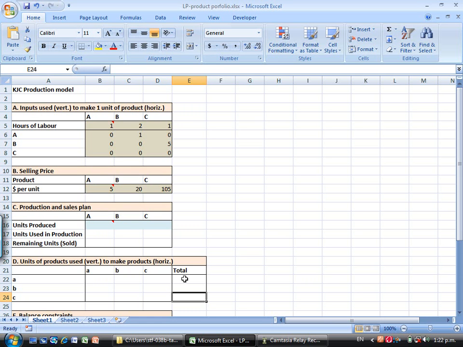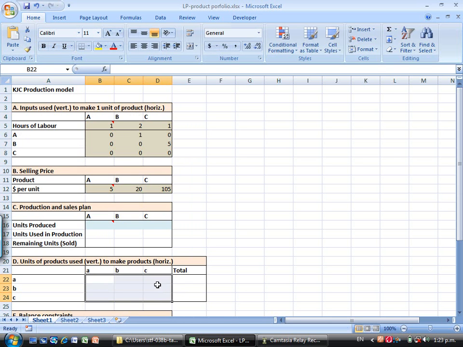So we need to know the amount of the inputs of these products here on the vertical that are used as input to make a product on the horizontal. So here 1 unit of A is used to make 1 unit of B. So that will be one input into this table.